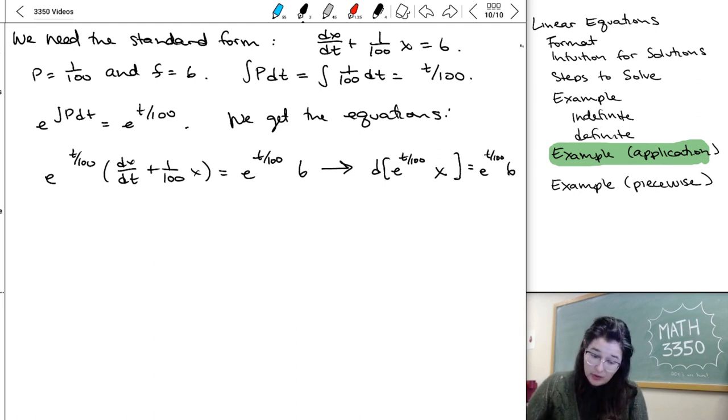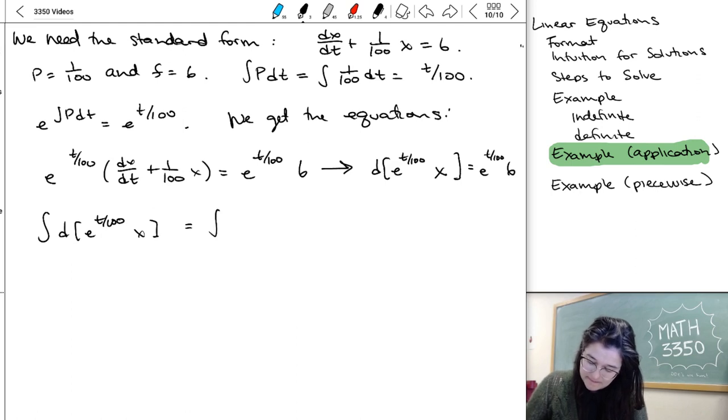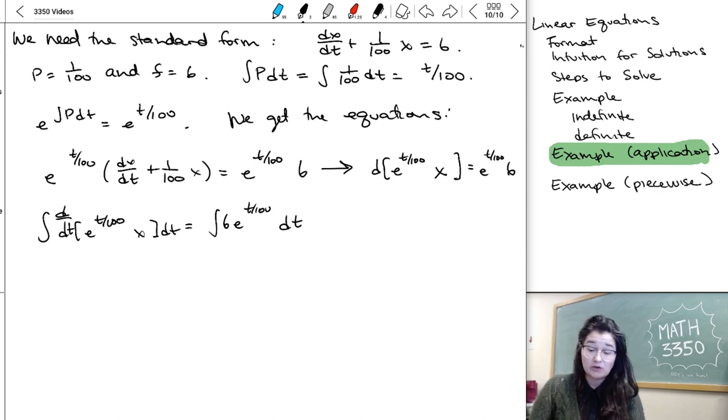So we want to integrate both sides. The integral of d of e to t over 100 times x. And again, if it helps you to write this like d over dt, that's totally fine.